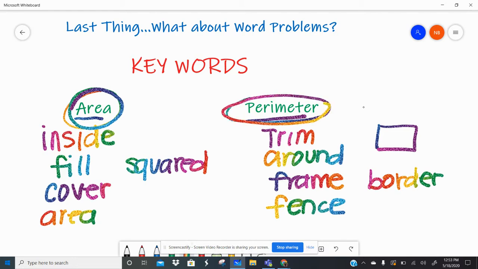And obviously if it says just the unit, so how many centimeters, how many meters, how many miles, stuff like that. If it doesn't have the units squared, if it's just the unit, that will lead you to believe that it is perimeter. So just remember what those words mean, right? Perimeter, around a shape, area, inside a shape.